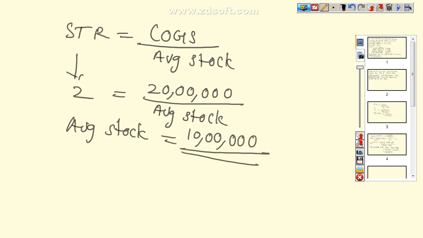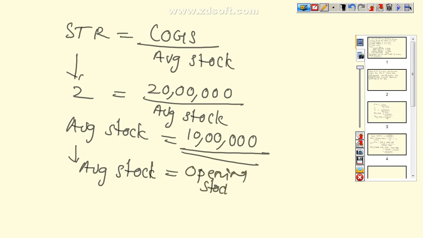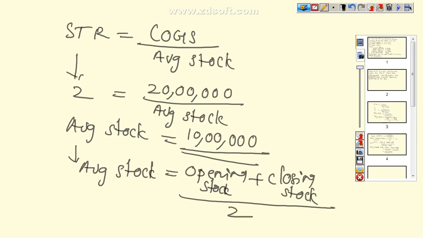Now what is the formula for average stock? Average stock is equal to opening stock plus closing stock upon 2. But opening stock and closing stock are not given directly. We know the value of average stock.